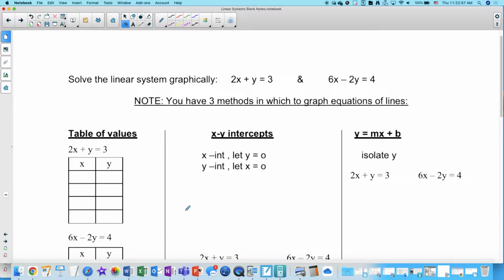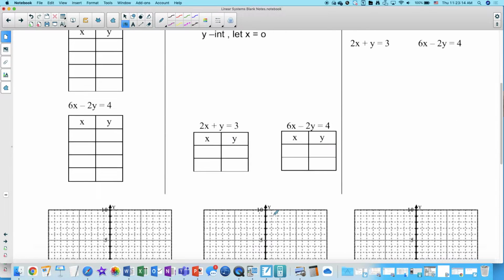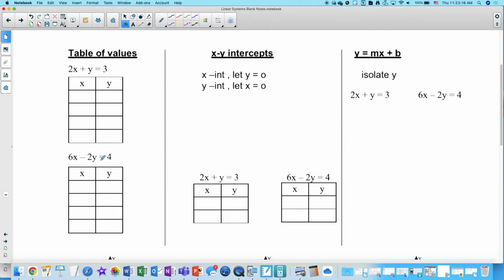Okay, so we're now going to look at this system here. 2x plus y equals 3, and 6x minus 2y equals 4. And I have here 3 different strategies that you can use to graph. I kind of don't want to do the table of values one, though, because it's super inefficient. And we have now learned other ways to graph that are much faster, right?